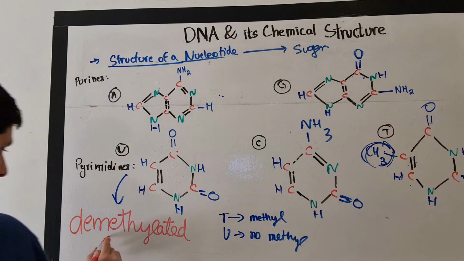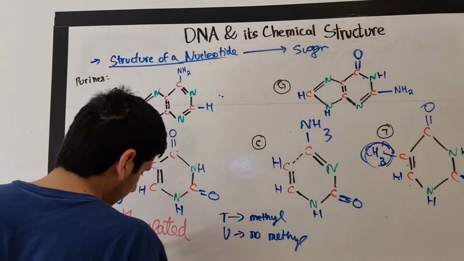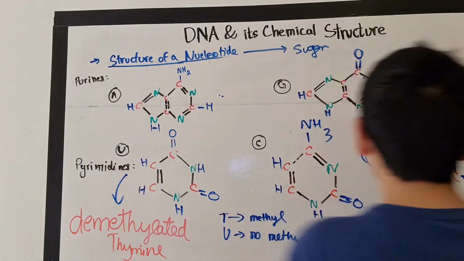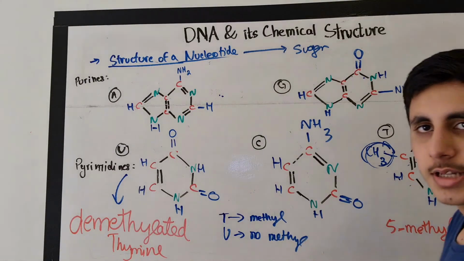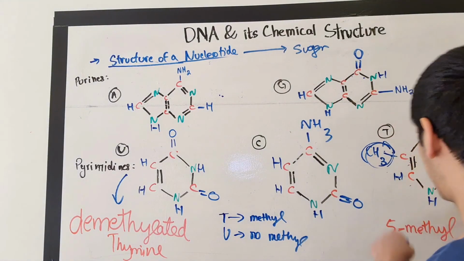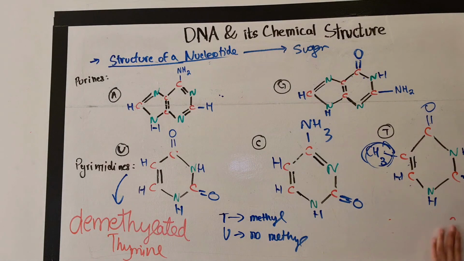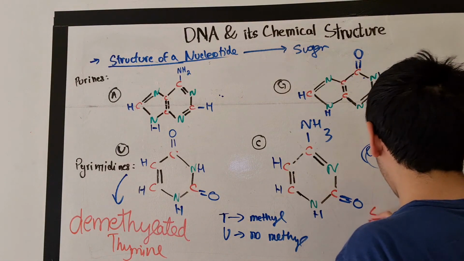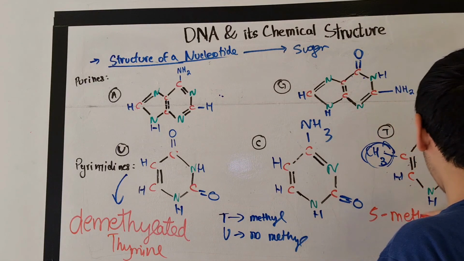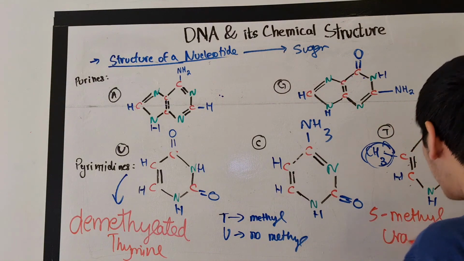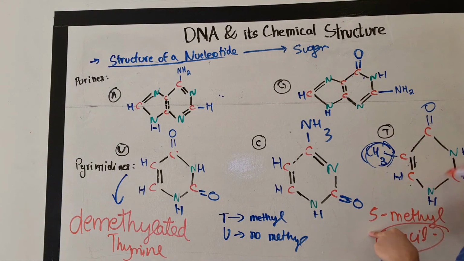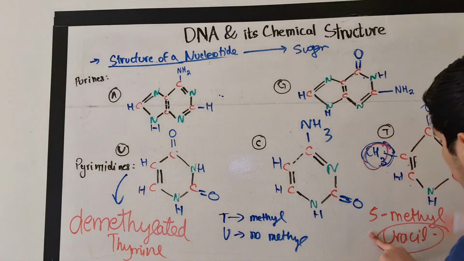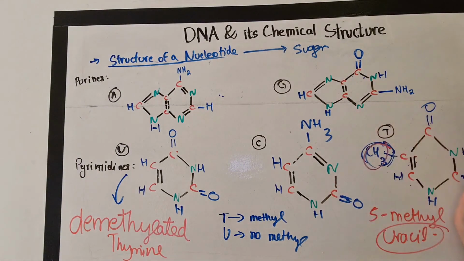Uracil is called demethylated thymine, and thymine is actually called 5-methyl, and 5 is just the position. And if you have some understanding of basic nomenclature, these are the rules that we use. So maybe in big font, 5-methyluracil, because it's basically uracil with a methyl on the 5th position, giving us thymine.